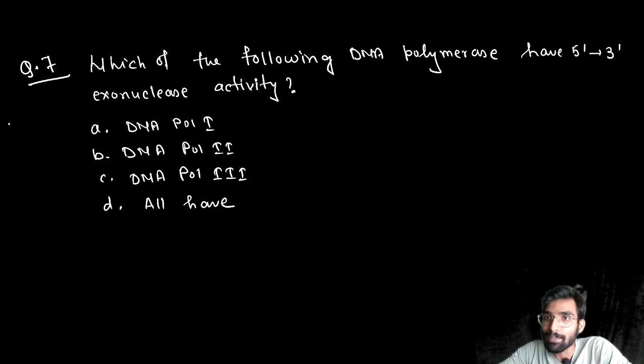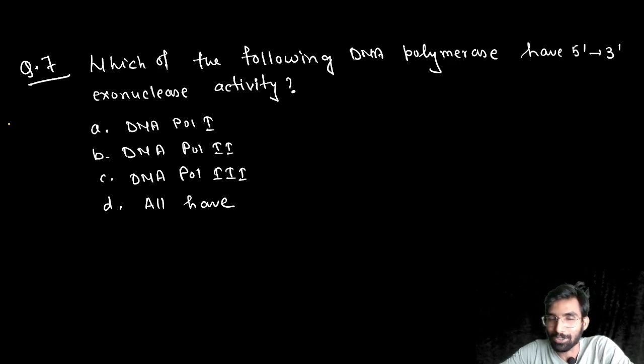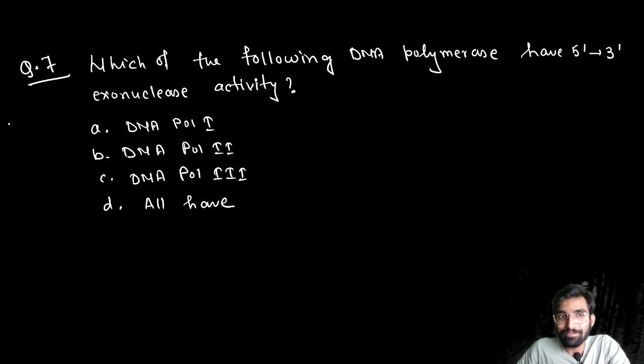Now question number 7. Which of the following DNA polymerases has 5' to 3' exonuclease activity? Option A DNA pol 1, option B DNA pol 2, option C DNA pol 3, option D all of the following have 5' to 3' exonuclease activity.